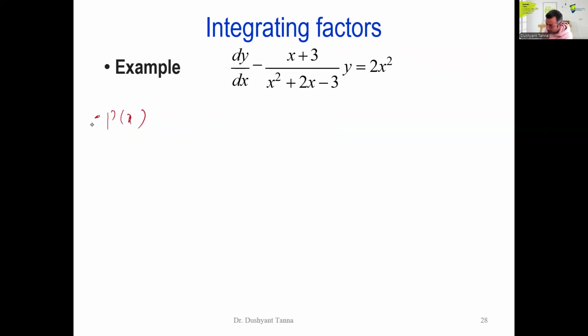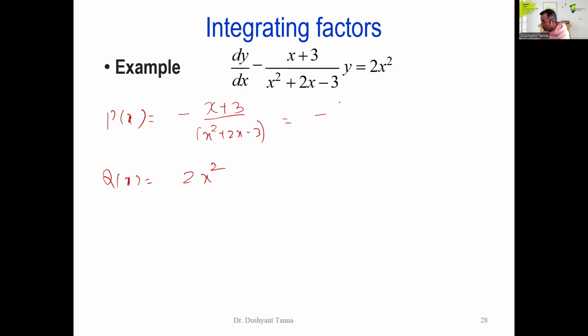So px is minus x plus 3 over x squared plus 2x minus 3. You can simplify it here only. You don't have to wait for the other thing. And my qx, which is the right-hand side, is 2x squared.